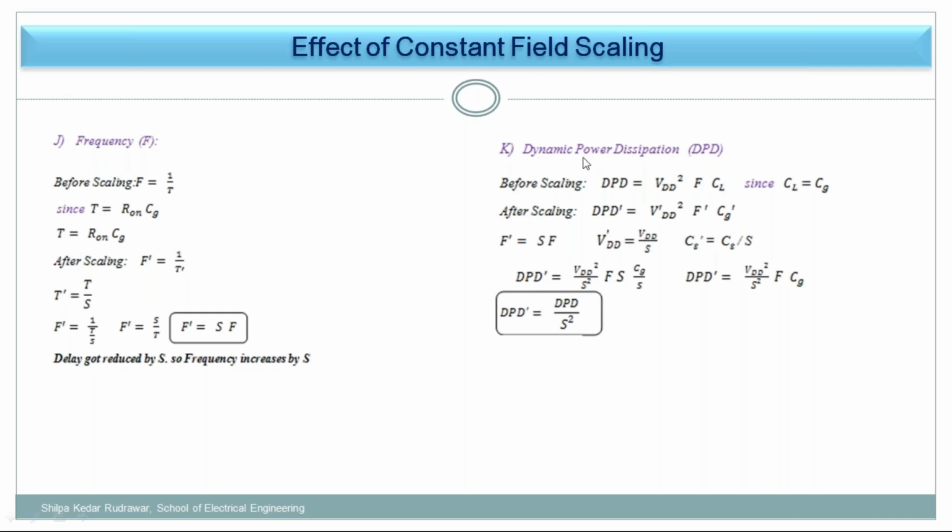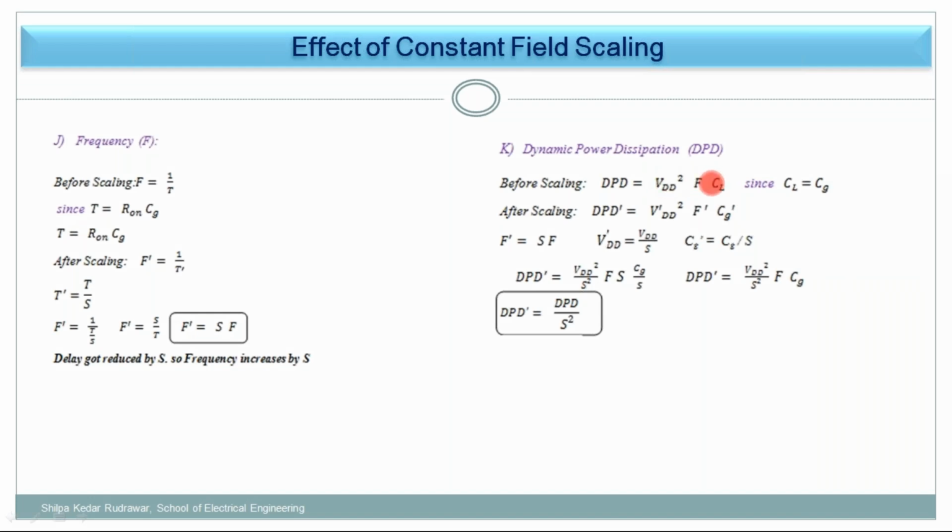Now next is the dynamic power dissipation, DPD. So what is that? Dynamic power dissipation. We have studied that equation. I told you to actually derive that equation. VDD square into F into CL. That is the dynamic power dissipation because of charging and discharging of capacitor. Hope you are able to recall.